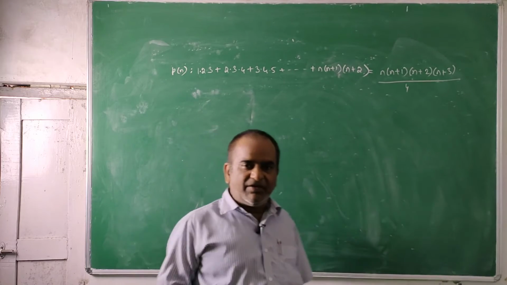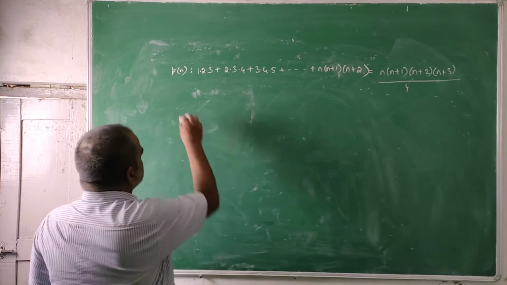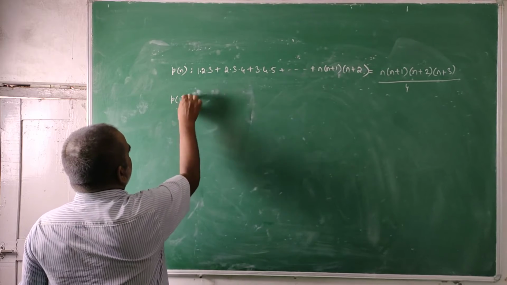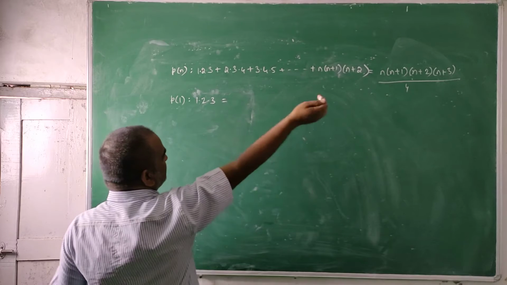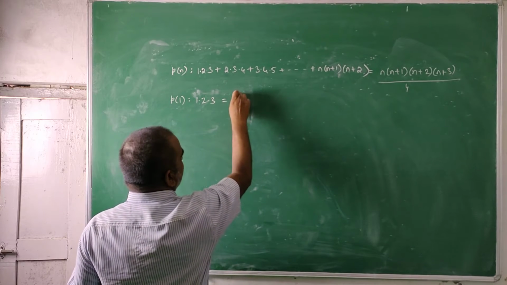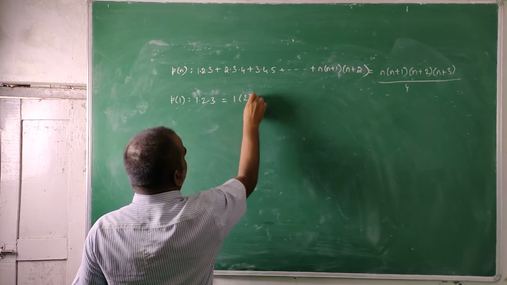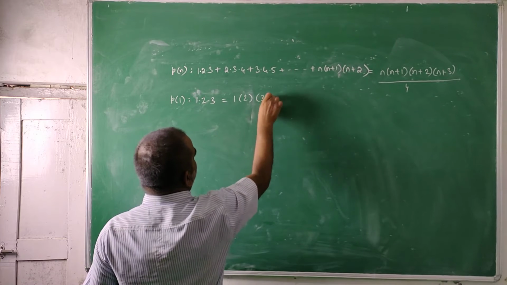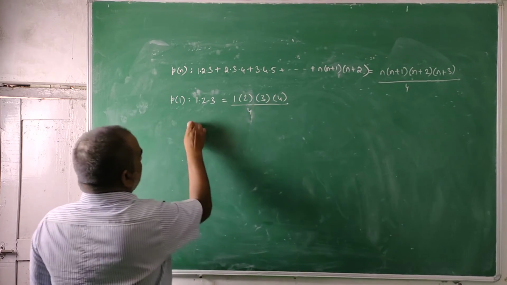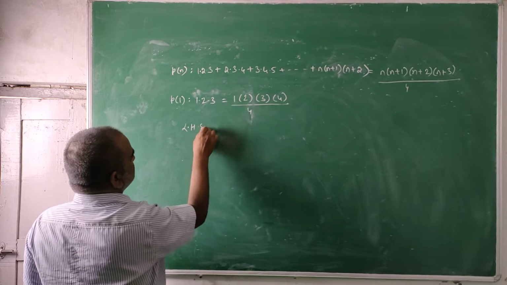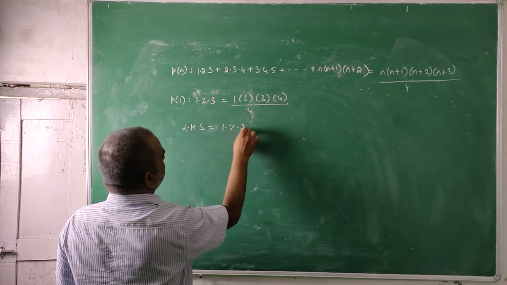So now P of 1 is 1 into 2 into 3 is equal to, where n has to be replaced with 1: 1 into 1 plus 1, 2 into 1 plus 2, 3 into 1 plus 3, 4 by 4. Now take LHS, which is 1 into 2 into 3, which is 6.